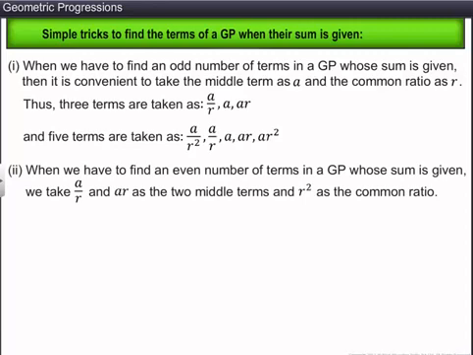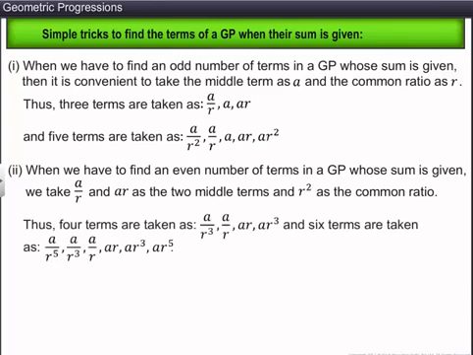Thus, 4 terms are taken as a upon r cube, a upon r, a into r and a into r cube, while 6 terms are taken as a upon r raised to the power of 5, a upon r cube, a upon r, a into r, a into r cube, and a into r raised to the power of 5.